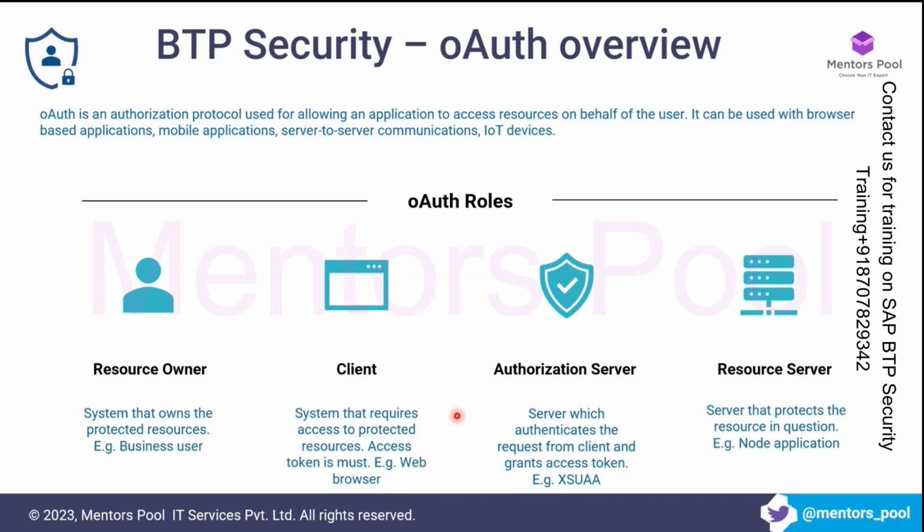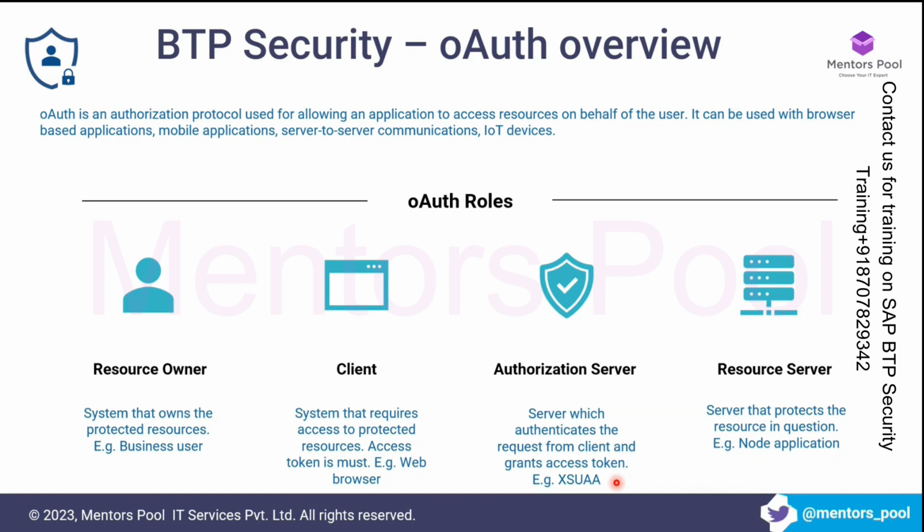Next thing is your authorization server. This is where XSUAA comes into play. The authorization server is there, first of all, to validate your credentials. As a user, you will pass on your user ID and password, your credentials, to log into some application. XSUAA will validate those credentials, and depending on the kind of flow that you are targeting from OAuth, you will get an access token.